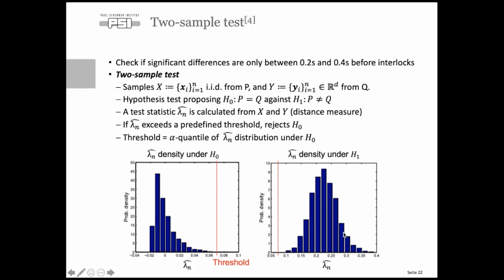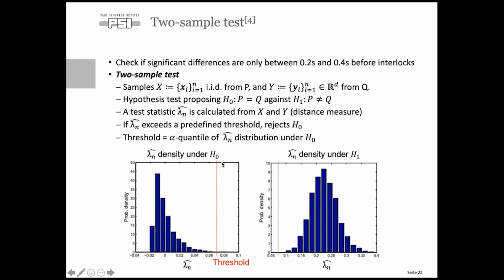And here is a sketch of the thing. This is the density of the distribution of lambda n under the hypothesis H0, which means that X and Y are from the same distribution.